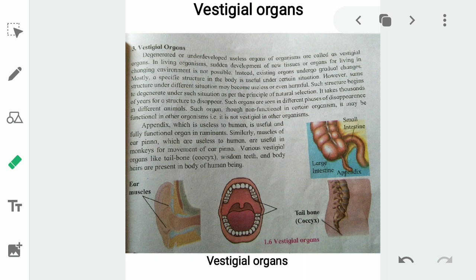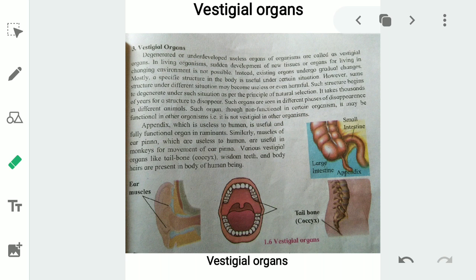Right? Okay. So the next vestigial organ in humans is the tailbone. Now we all know that we have evolved from monkeys or chimpanzees. Monkeys have tails, right? But we humans don't need a tail because we have an erect posture and we can balance our body properly.